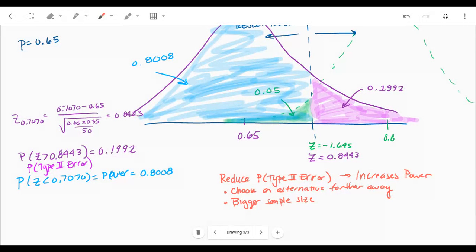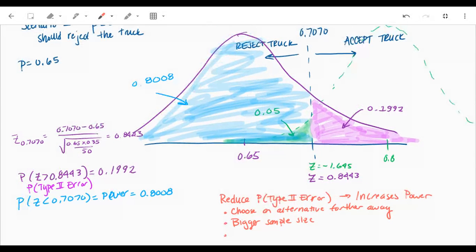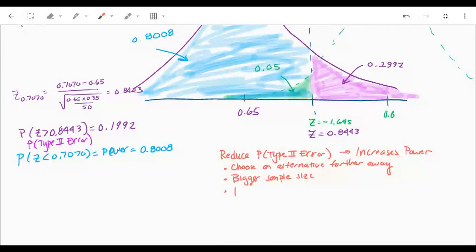My third option is I can shift where that dashed blue line is. I could shift that dashed blue line to be more to the right, and what I would have to do for that is increase alpha.